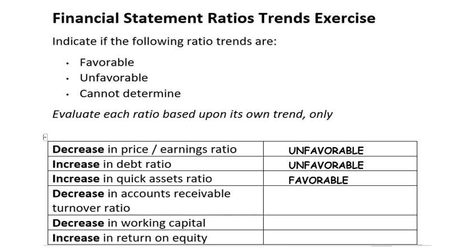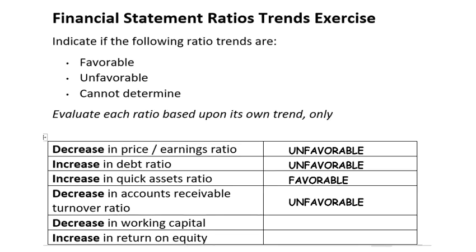So if my ratio is 5 times and it goes up to 6 times, that's an increase. And that would mean I would be collecting my accounts receivable more efficiently. So in this case, this is a decrease in the accounts receivable turnover ratio, so it would be unfavorable.